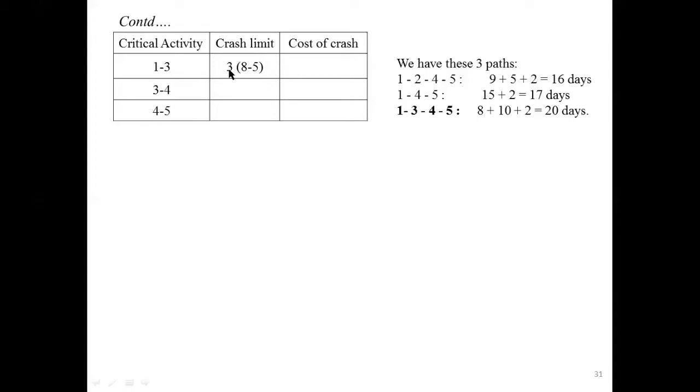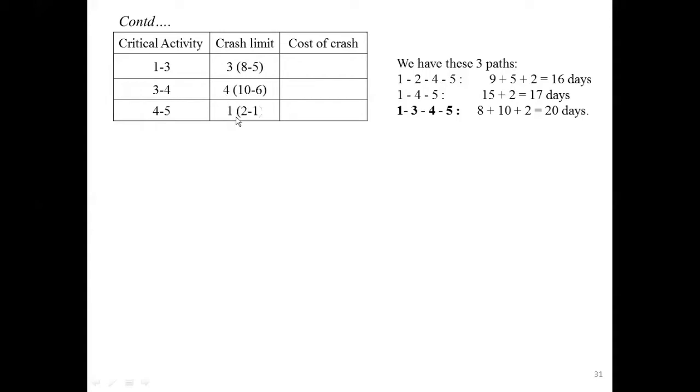That is the crash limit, which indicates the critical activity can be crashed by 3 days. Similarly for the remaining critical activity 3 to 4, it is 10 minus 6, which gives 4.